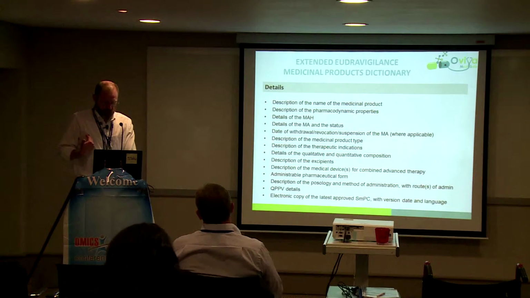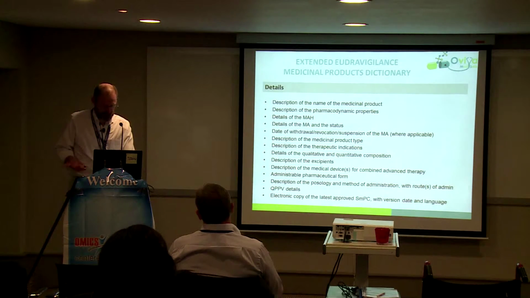Obviously it wants to look at the therapeutic indication or indications. It needs information on the qualitative and quantitative composition, including things like excipients. If it's a combined advanced therapy, then it needs a description of the device.